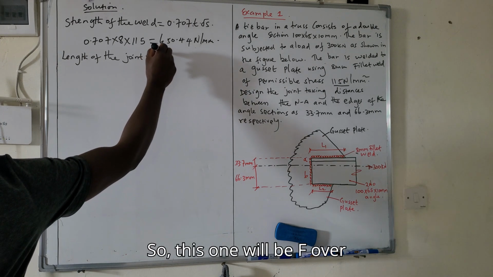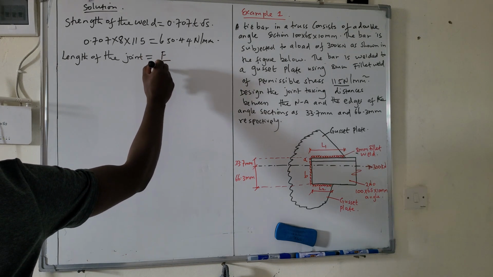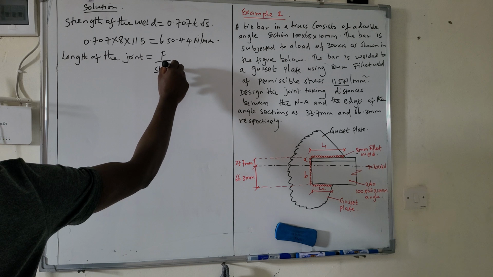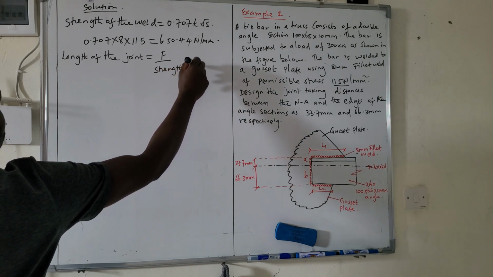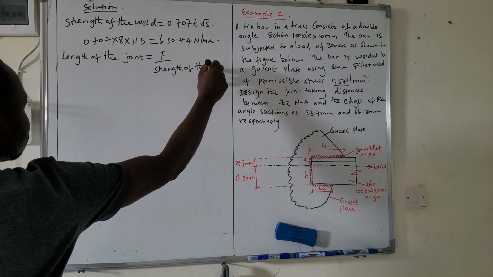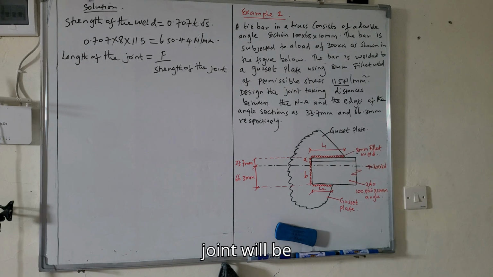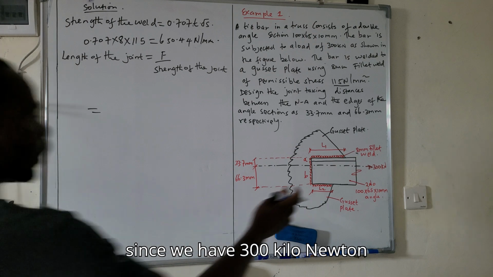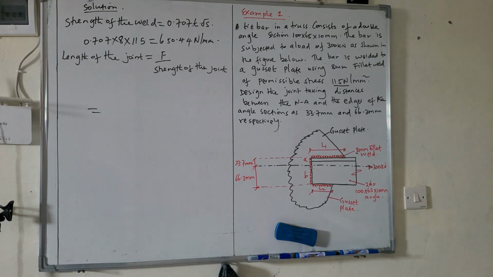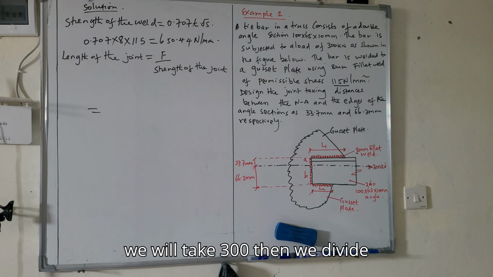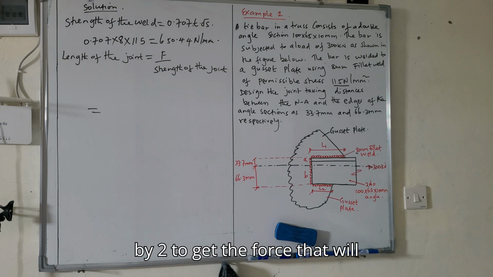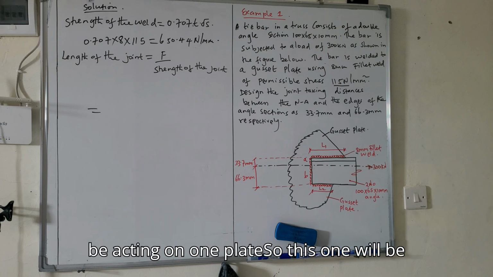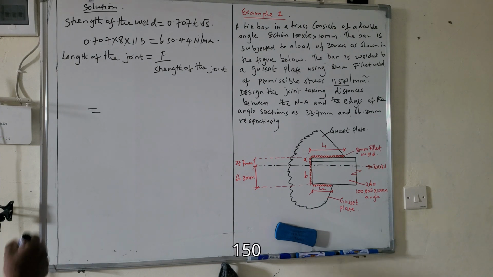So this one will be F over strength of the joint. Since we have 300 kilonewton acting on 2 plates, we take 300 and divide by 2 to get the force that will be acting on 1 plate. So this one will be 150.